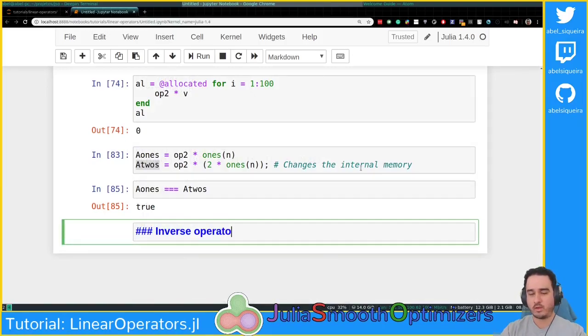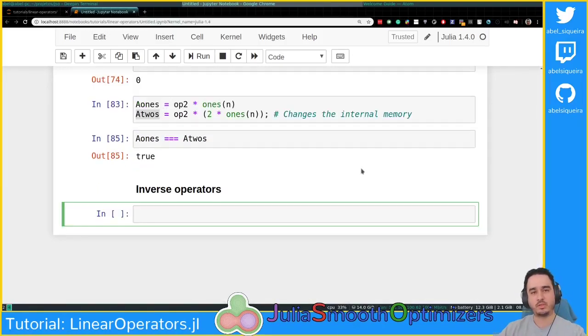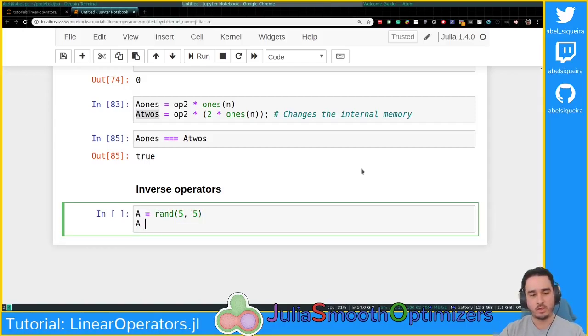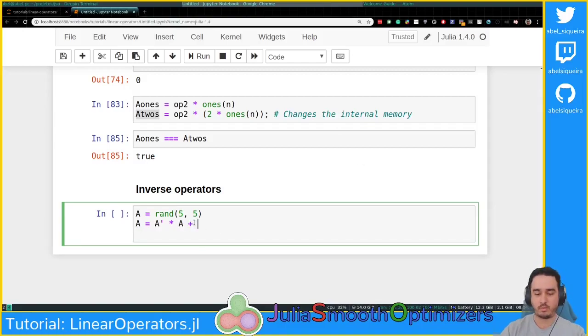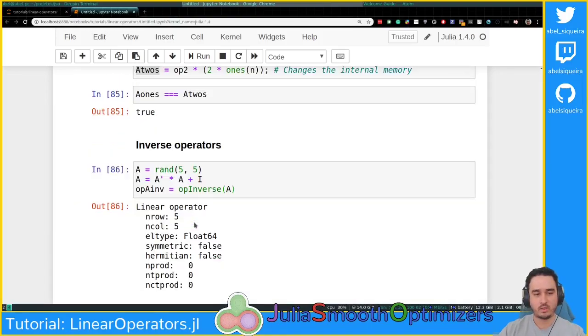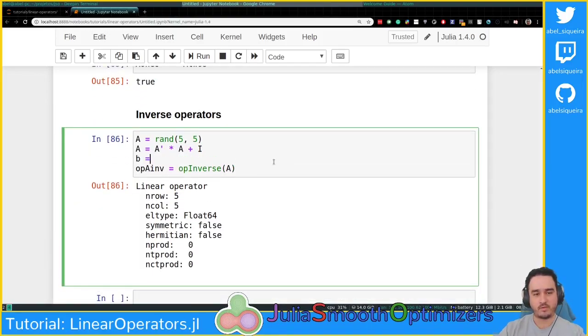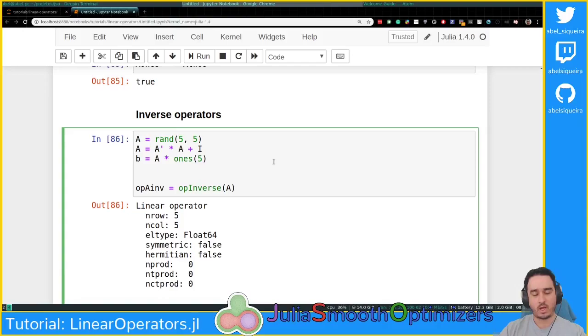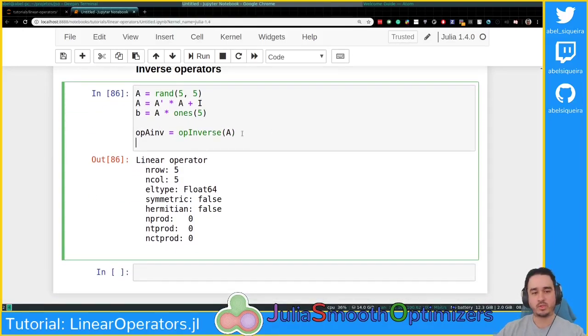I can also have some special operators inside linear operators. There are some already defined, and we have plans to create new ones. One of these operators: I'm going to define a matrix A times A plus I, so it's positive definite. I have OP inverse A, which is OPA inv. Let me define B equals A times ones. I have OPA inv, which computes the inverse.